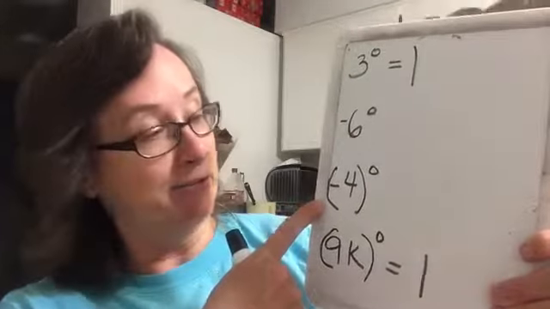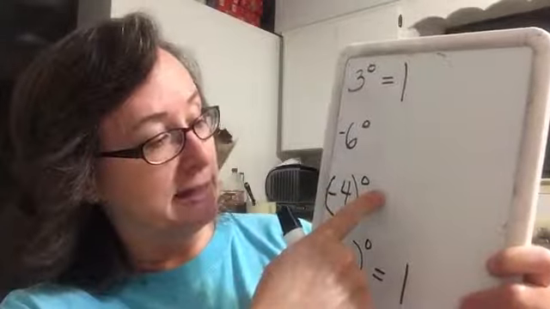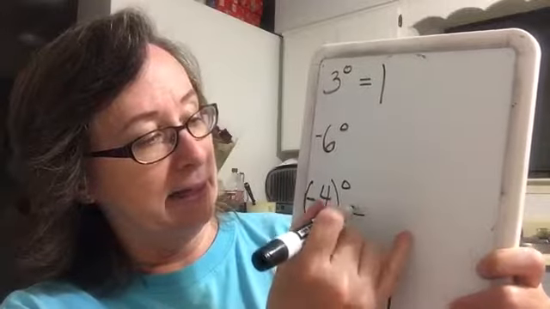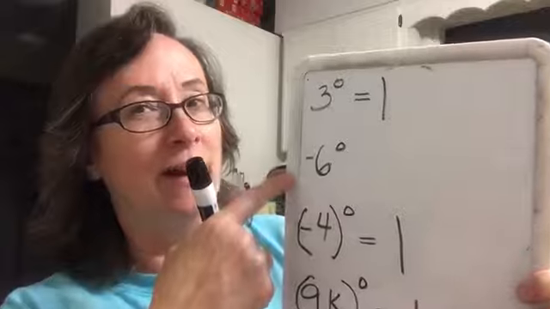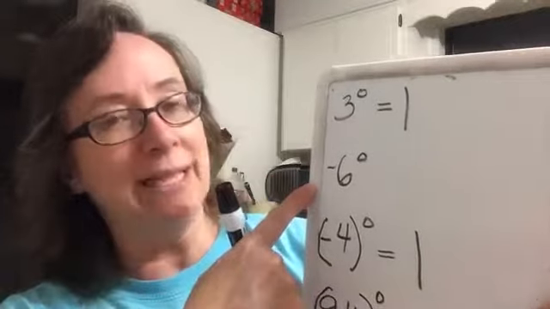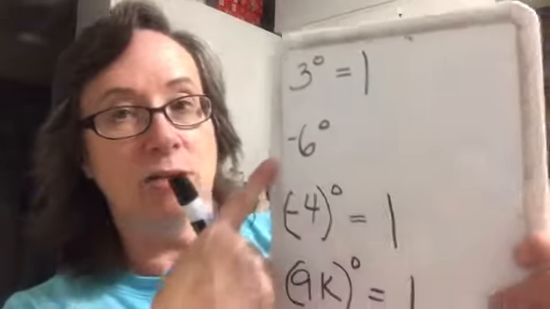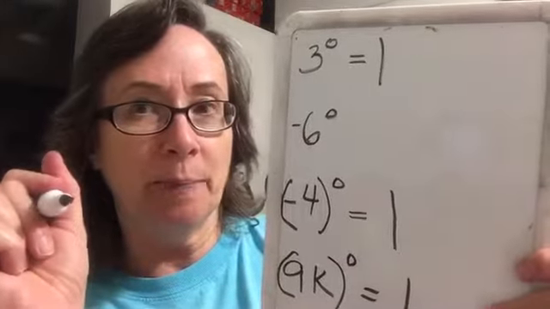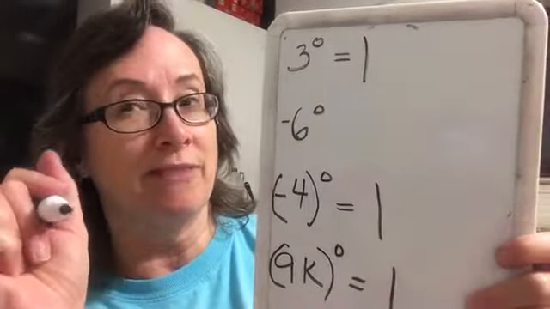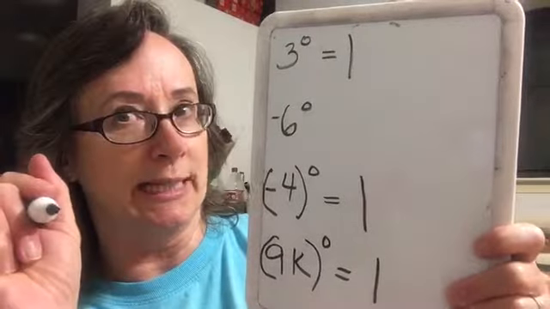If we have a -4 raised to the 0 power, it is 1. Here we have a -6, but only the 6 is raised by the 0 power. Remember, an exponent only applies to the number or the variable directly preceding it.